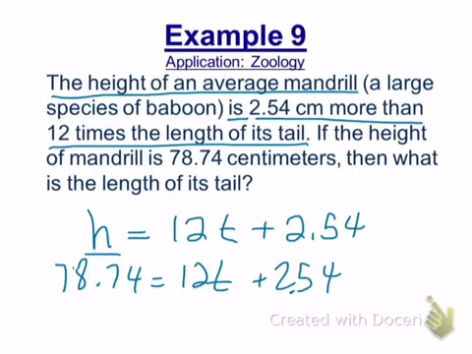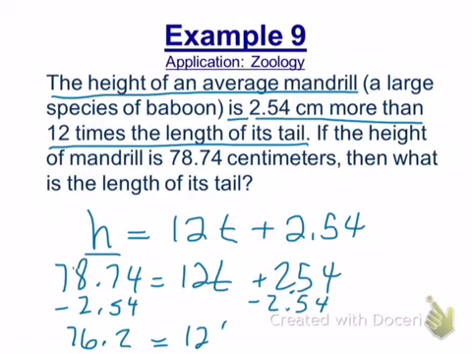All right, y'all want to get rid of these decimals? Leave the decimals? Get rid of them. If we get rid of them, we have 1,200. Let's keep them this time. Subtract 2.54. And that gives us 76.2 equals 12t.